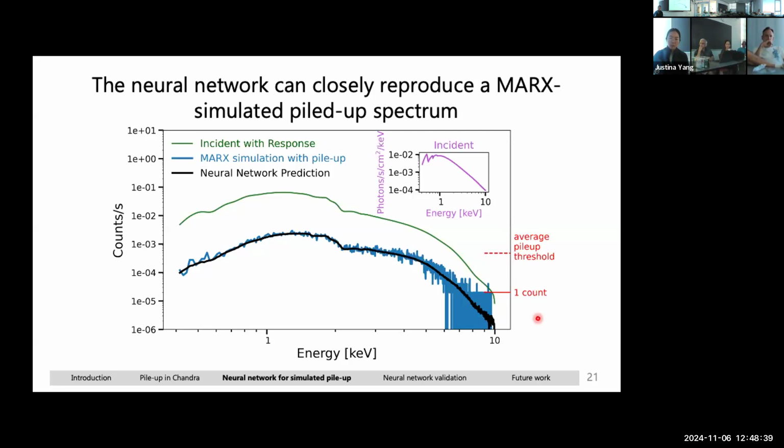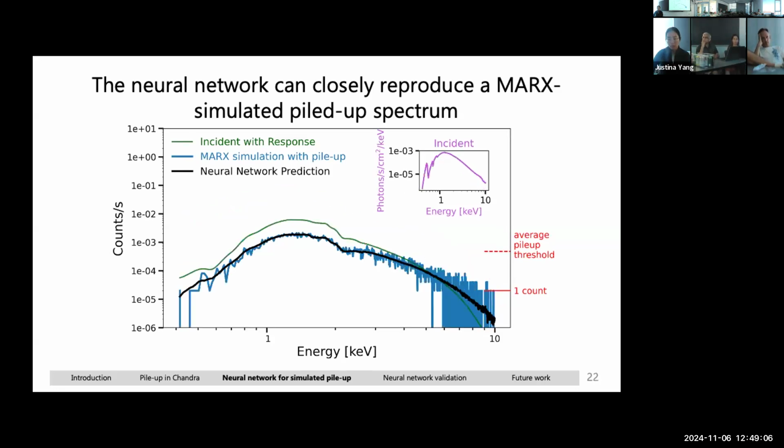Incidentally, the Marx simulation is run for 50 kiloseconds, which is a reasonable exposure time, but slightly on the longer side. And at higher energies, that spectrum is running into fairly low counts. So it's difficult for the neural network to constrain the prediction at those higher energies.